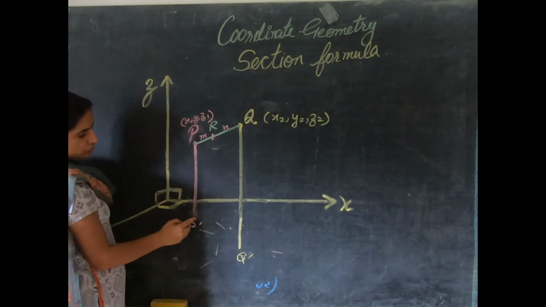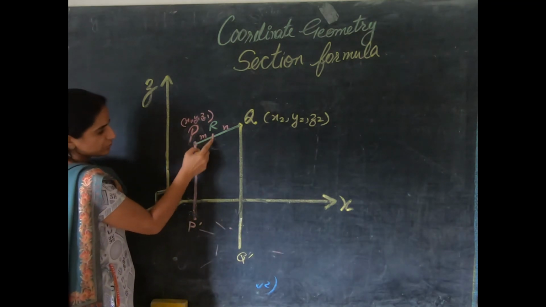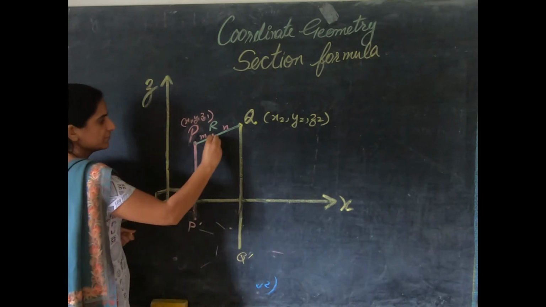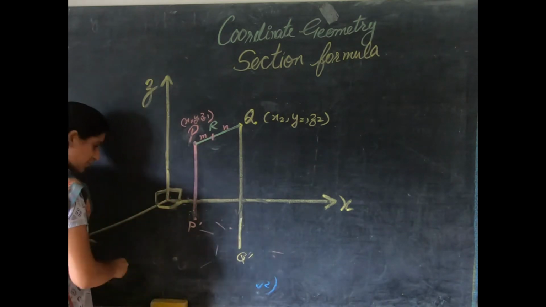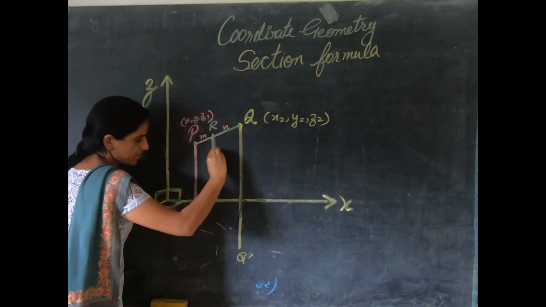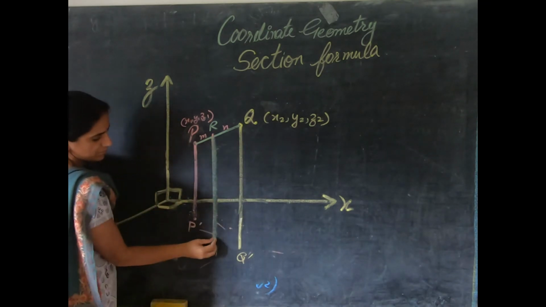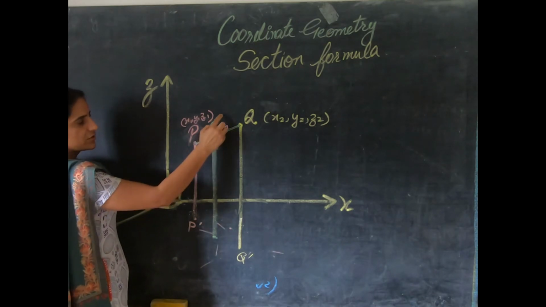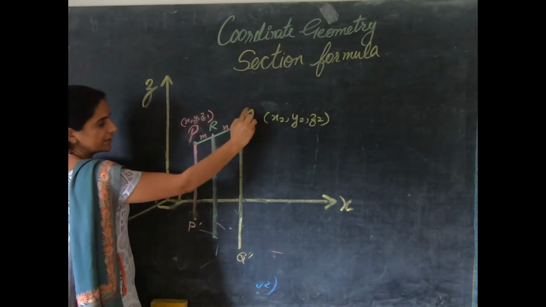Now, the coordinates of this point are actually the coordinates of... so xy coordinates. It's in the first octant, so it's going to have 3 coordinates.